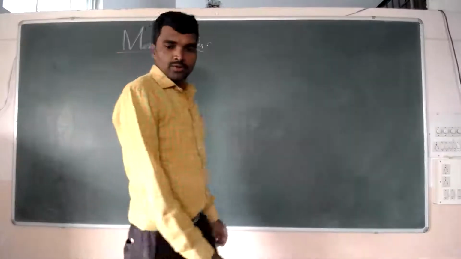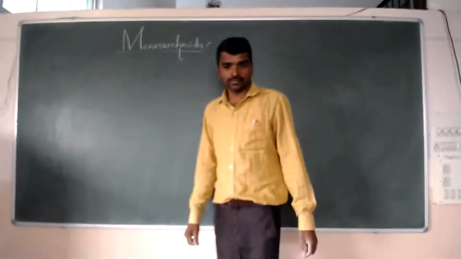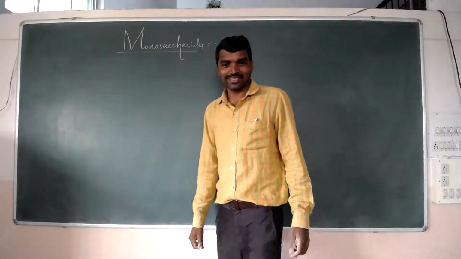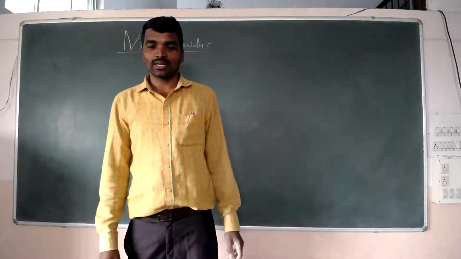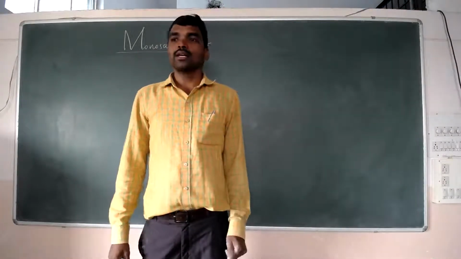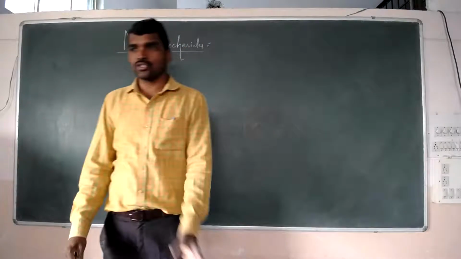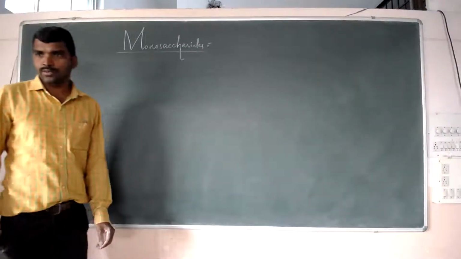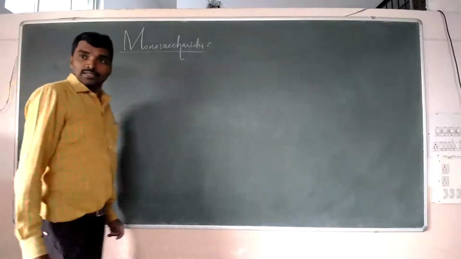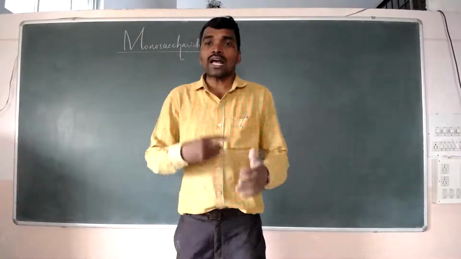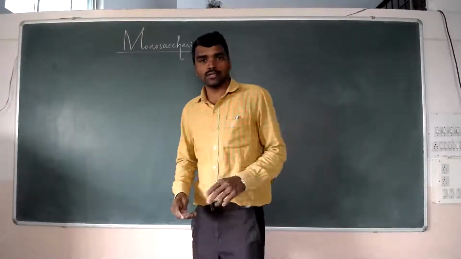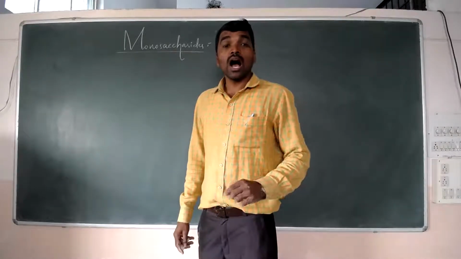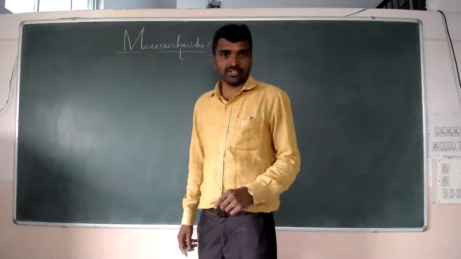What are monosaccharides? Already I told you, these do not undergo further hydrolysis. This monosaccharide group is generally classified into two types: aldoses and ketoses.